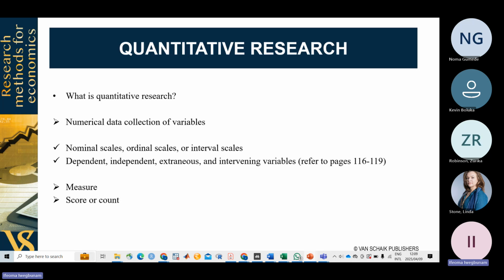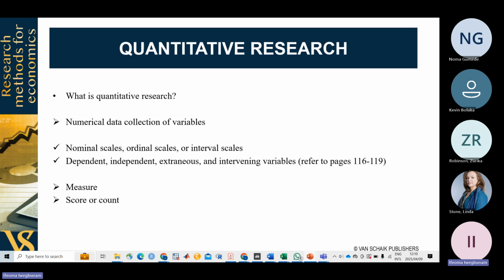So when you collect your data, the data could be nominal, ordinal, or interval scales. And taking it further, the variables you need for your research could be dependent variable, independent variable, extraneous and intervening variables.